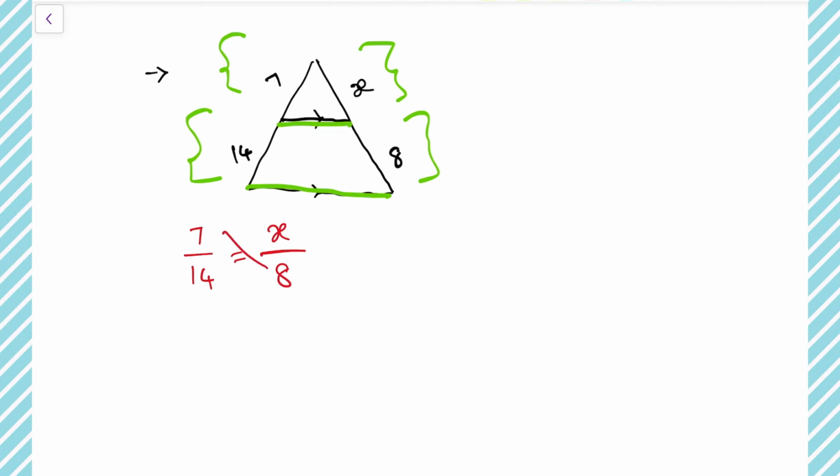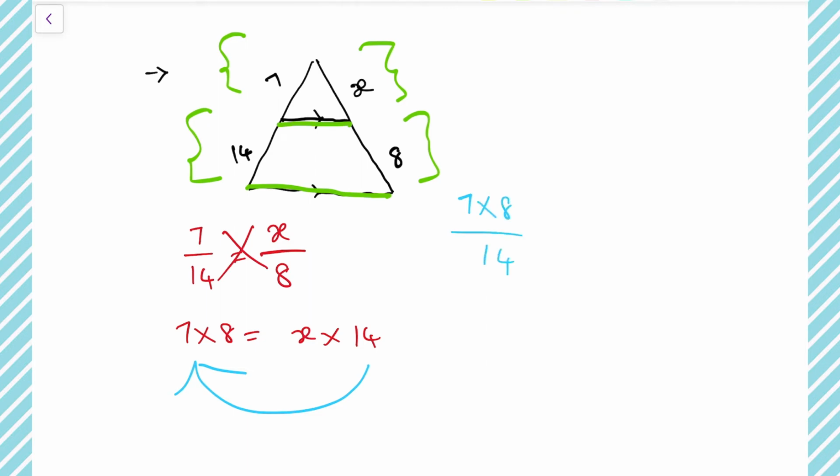So doing cross multiplication, 7 into 8 equals x into 14. We want the x value, so take 14 to the left side, then it becomes 7 times 8 divided by 14 equals x. 7 ones are 7, twos are 2, ones are 2, fours are... so the x value is 4.